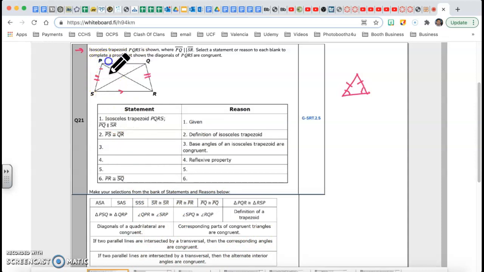Oh, here we go. SPQ, the whole thing, is congruent to RQP. Yes, those are base angles. They're angles from the top, but that's a base. So let me read that right here. This will be statement 3. Angle SPQ is congruent to angle RQP.